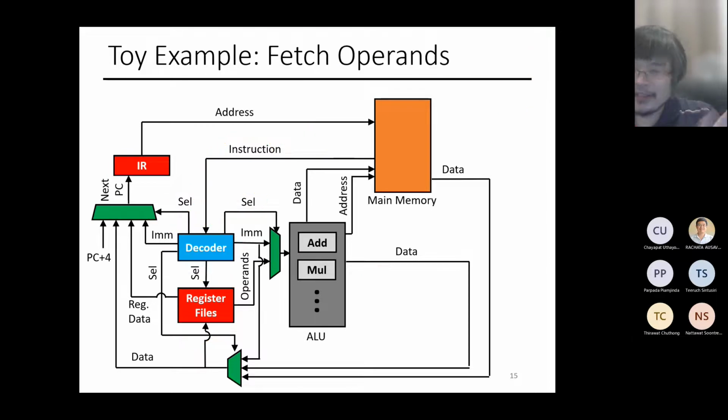Then the intermediate step within decode is to fetch the operand. You select from the register file, or you send the constant value from your instruction directly to the adder, or you can fetch something from the memory as an input to your operation. So that's fetch operand.